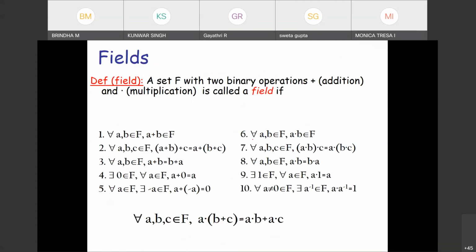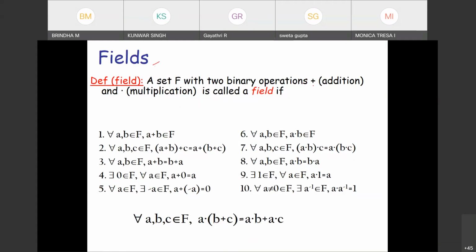Next, another primitive is the field, which is very important and widely used in cryptography. In the group, as you have seen in the previous case, we have only one binary operation. In the field, we will have two binary operations.